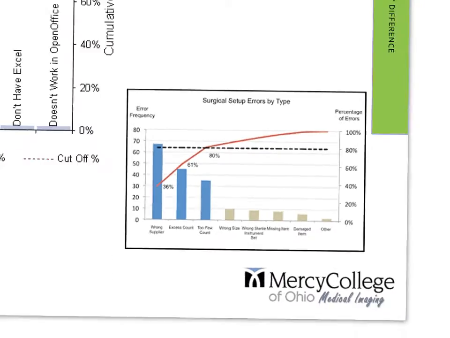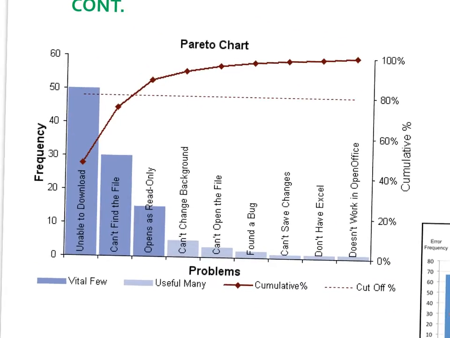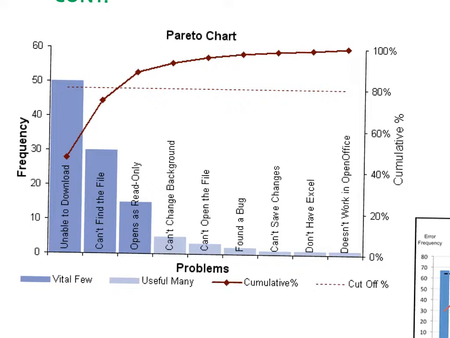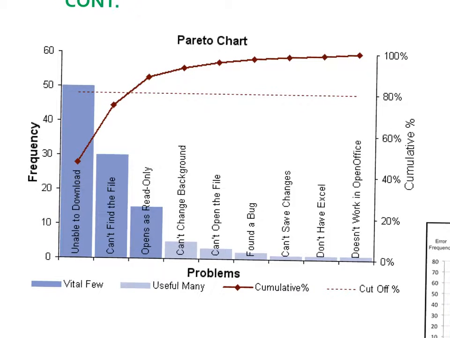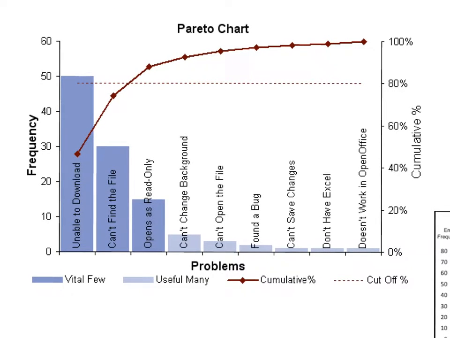To look at it in a different regard, you can see another example here, and again you can see where that 80% is. You're totaling up everything, and then essentially just saying how much of this total is actually occurring. So for this particular example, there are problems with a particular file. We'll call it a web-based file.